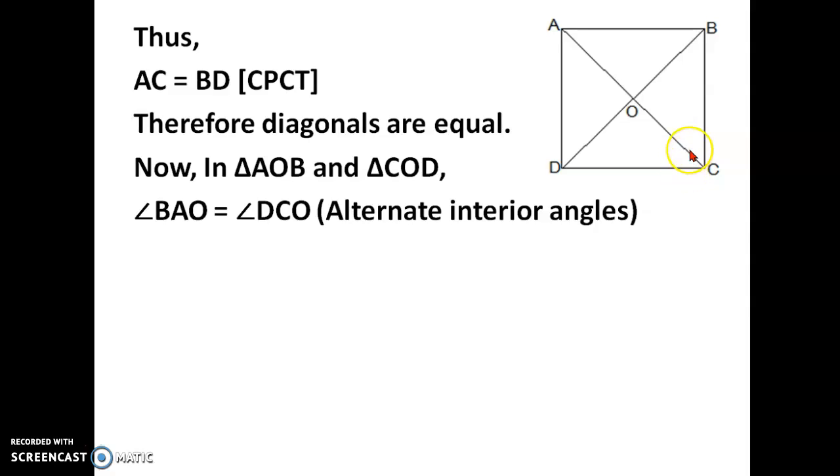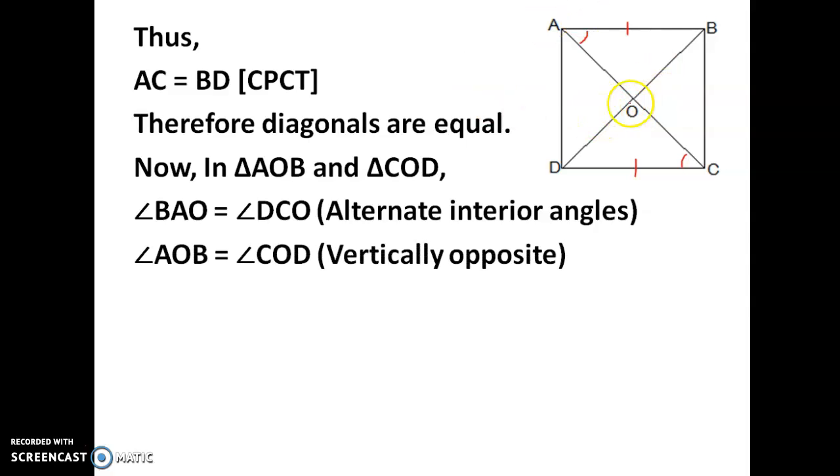Okay, so these two angles are equal. Why? Because they are alternate interior angles, because these two lines are parallel. So these two lines are parallel, then this is the transversal passing through it. So alternate interior angles will be equal.